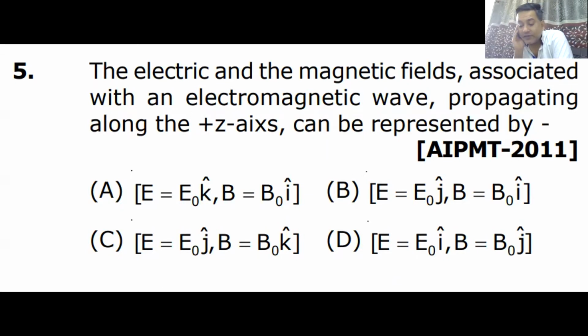The electric and magnetic field associated with an electromagnetic wave propagating along plus z axis can be represented by, it is along z-axis, so electric and magnetic field must be along x and y. Yes or no?